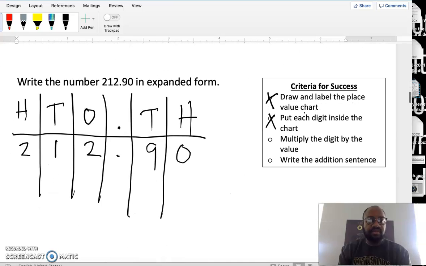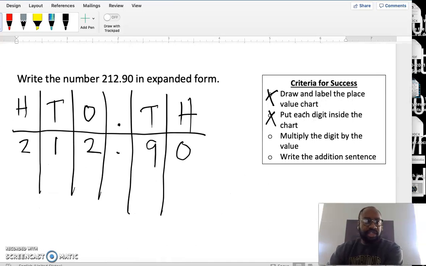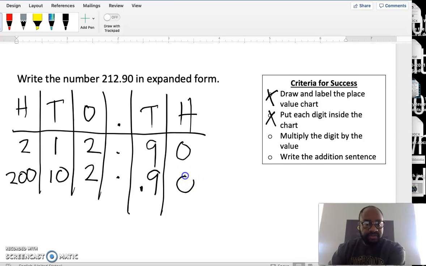So 2 times 100 in this hundreds place is just going to be 200. 1 times 10 is 10. 2 times 1 is 2, decimal point. 9 times 1/10 is 9/10. 0 times 1/100 would be 0. Any number times 0 is 0.